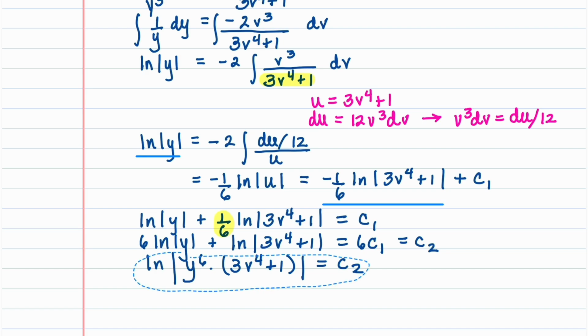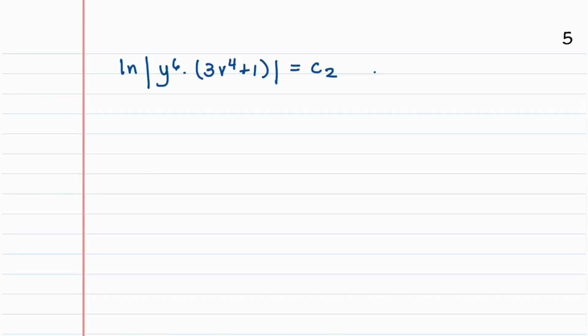Since we're running out of room, I am going to bring this over to the next page. Let's also write down that v is equal to x divided by y, because we're going to plug that in right now. This gives us natural log absolute value of y to the 6th times (3x to the 4th divided by y to the 4th plus 1).